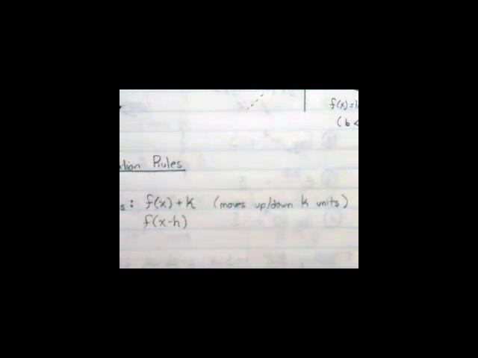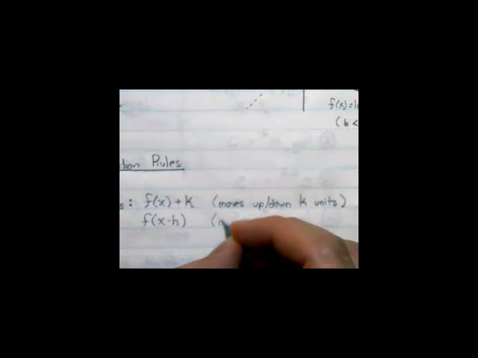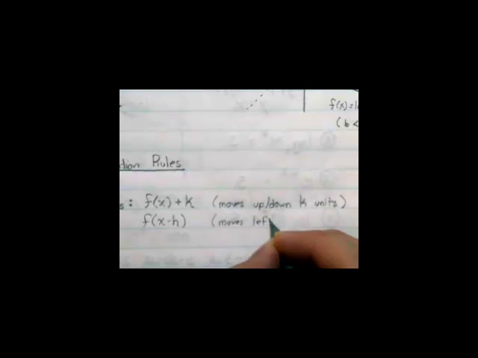Okay, that one's not just added onto the end of the function, that's substituted into the middle of the function. Okay, so you replace x with x minus whatever, x minus h or x minus 1, x minus 5 or whatever. And this moves the function left or right h units.